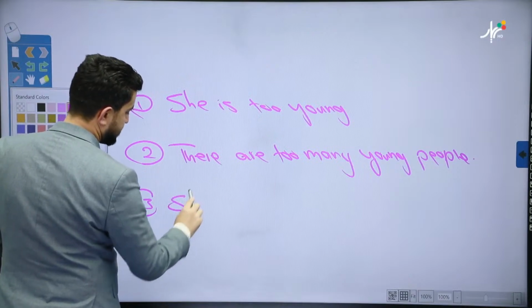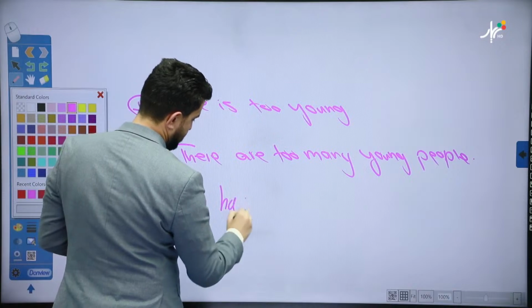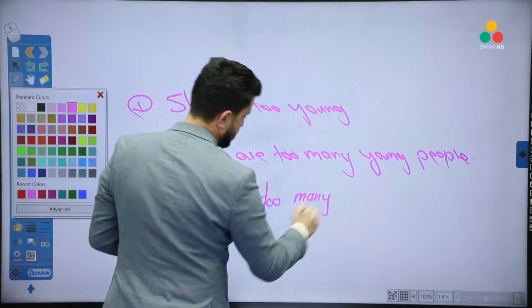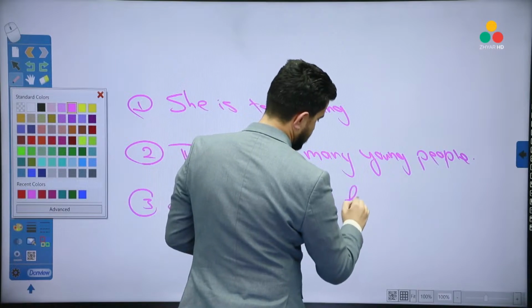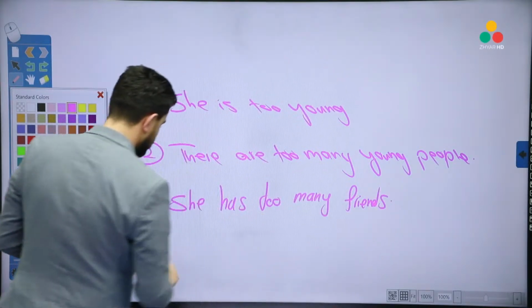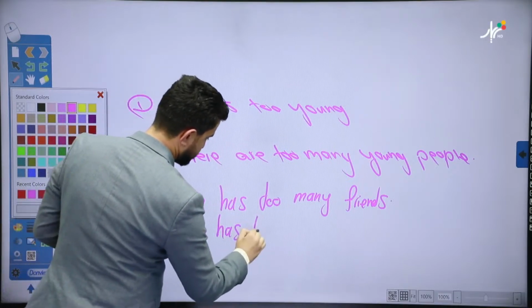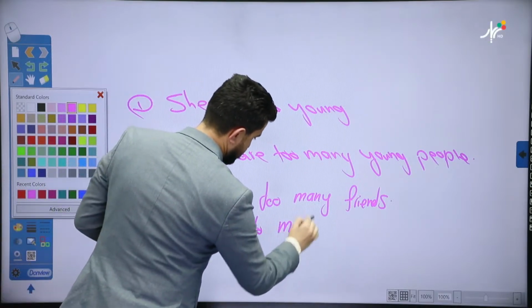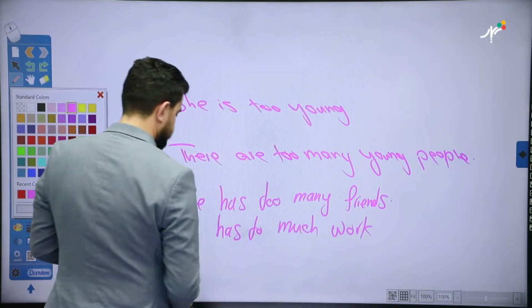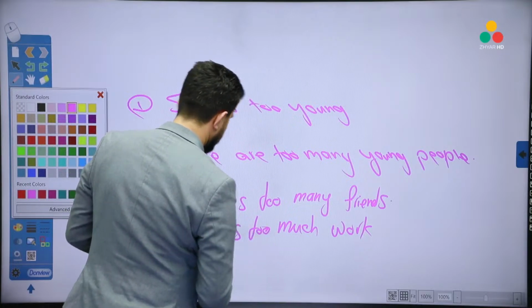She has too many friends, young friends, let's say. You can also use too much. She has too much work. She has too much work.